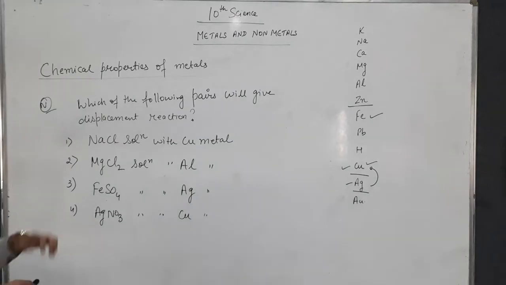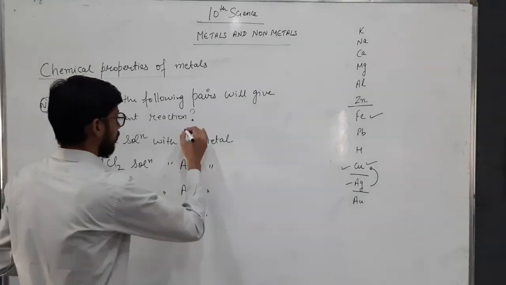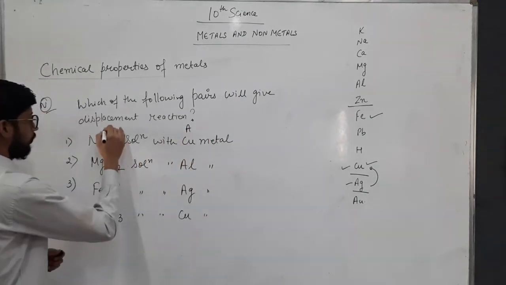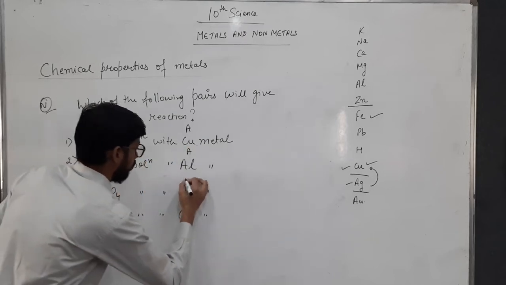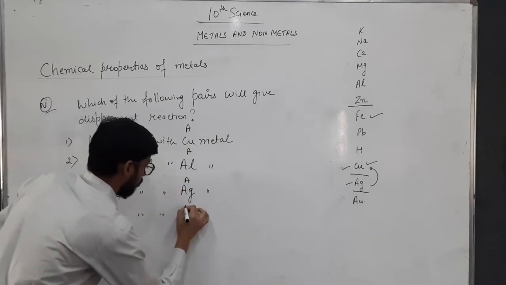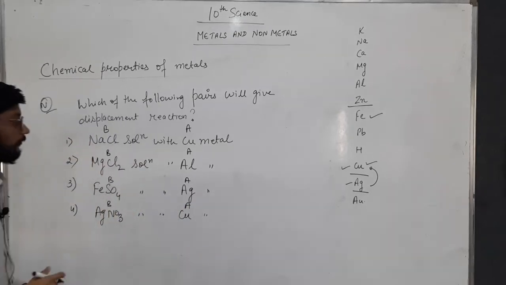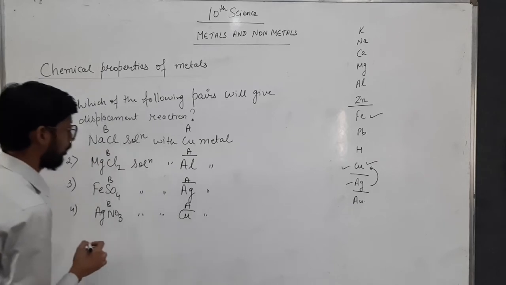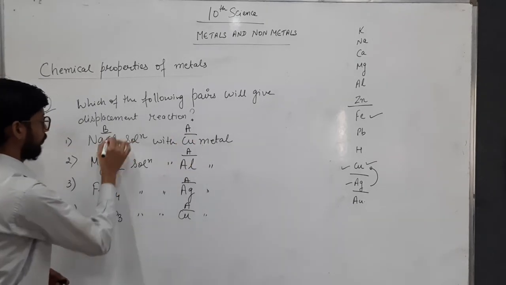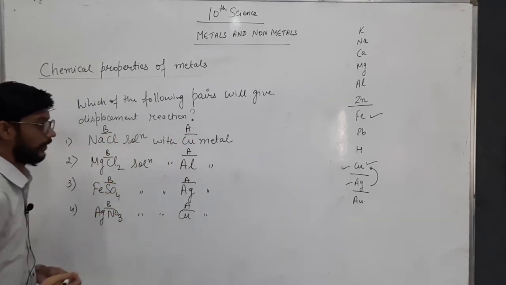So what you have to check, let's say this is metal A and these are the solutions of metal B. This is A, this is B, this is A, this is B, this is A, and this is B. So you have to check whether your metal A is more reactive than the metal B in the salt solution or not.